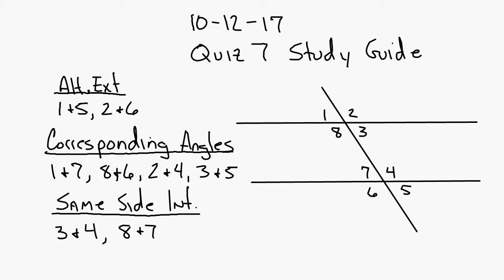Okay. And finally, alternate interior angles in this diagram. One pair of alternate interior angles in that diagram. Good, 3 and 7. And what's the other pair of alternate interior angles? 8 and 4, good.